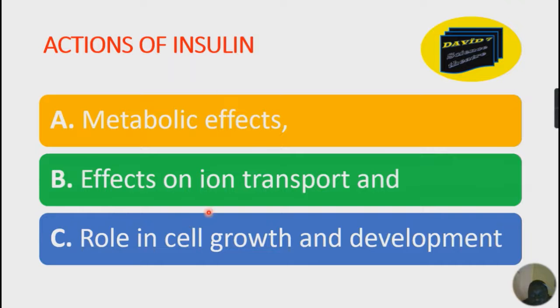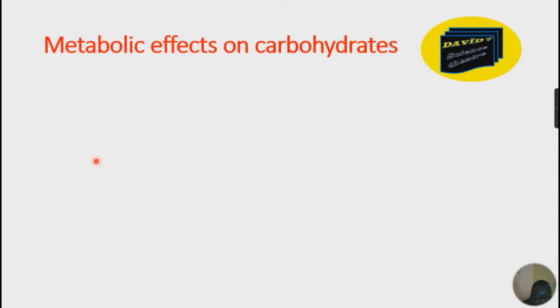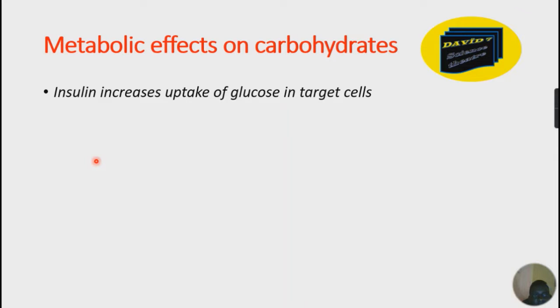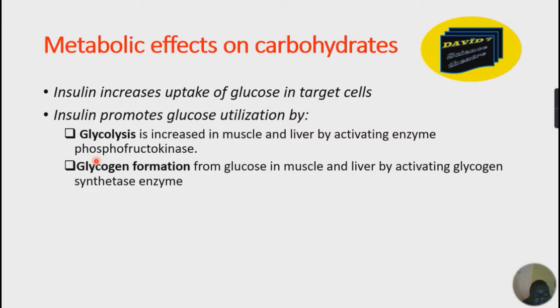This is a lot to talk about. Let's continue. Metabolic effects on carbohydrates. One, insulin will increase uptake of glucose in target cells which are insulin dependent for uptake. Then insulin will promote glucose utilization by increasing glycolysis in muscle and liver, and increasing glycogen formation from glucose in muscle and liver by activating the glycogen synthase enzyme.